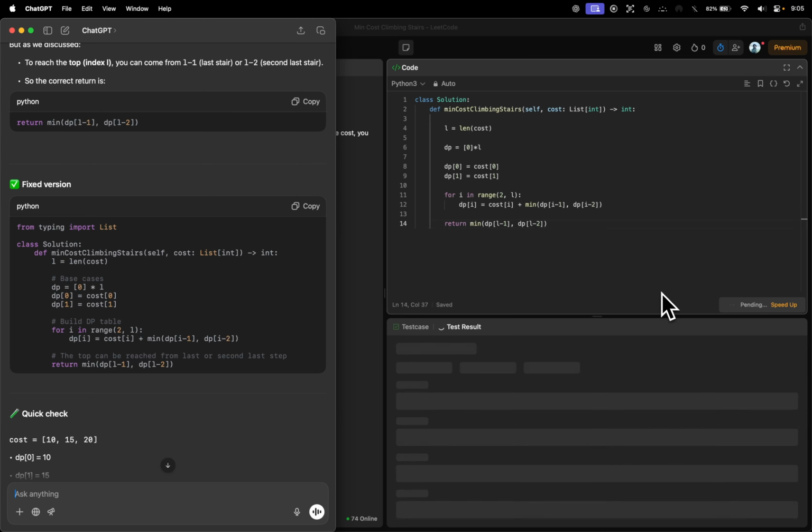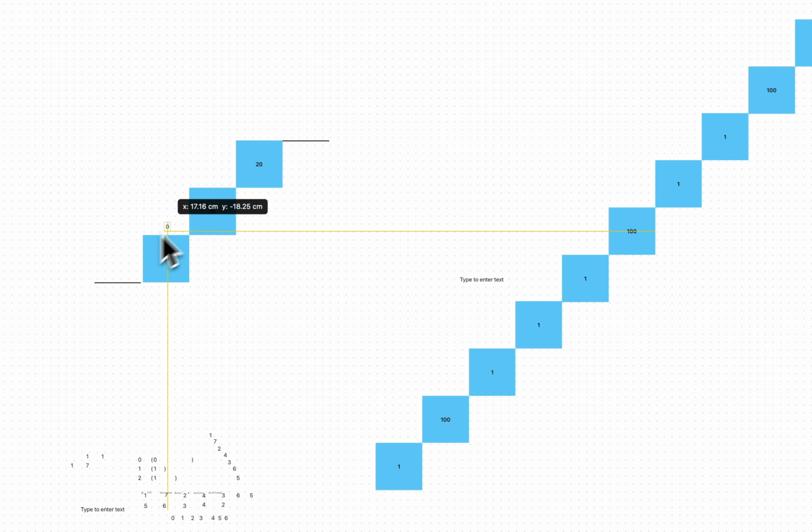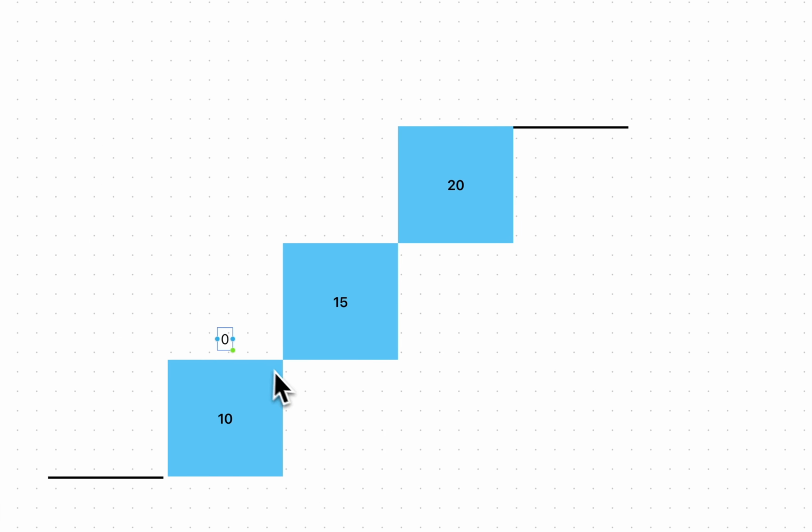Okay, so now that we have a solution, let's take 1 or 2 minutes to understand what a layman would do. So in theory, we are going at every step. Okay, here the minimum is 0. Here the step is 10. Here the minimum to reach this would be, hey, wait a second, why is it 1 here, the minimum cost?